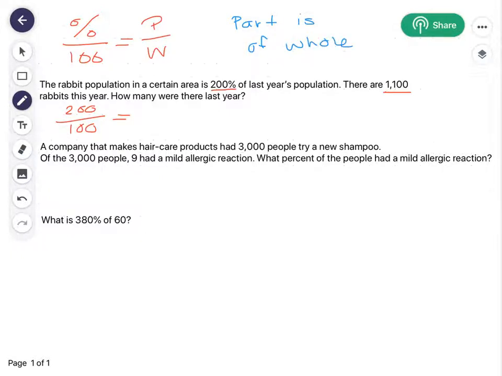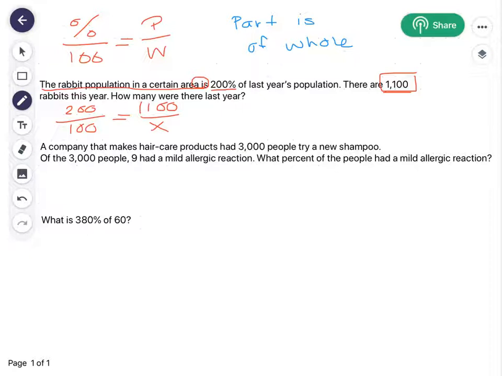So how can we use that to determine whether 1100 is the part or the whole? Well, it says the rabbit population in a certain area is, and the rabbit population right now is 1100. So we're going to say that 1100 is our part because we found the "is" in there and there's no "of". Of what?